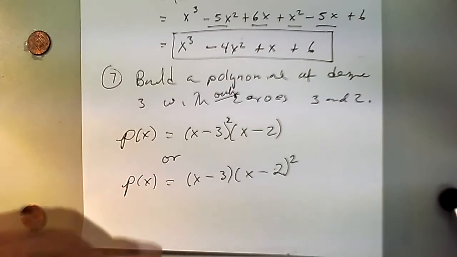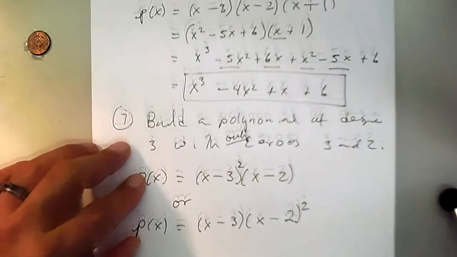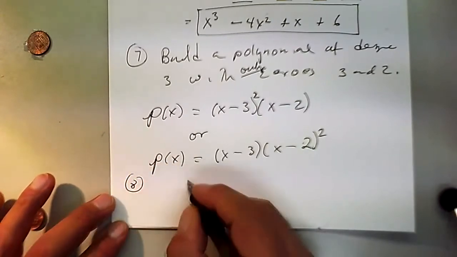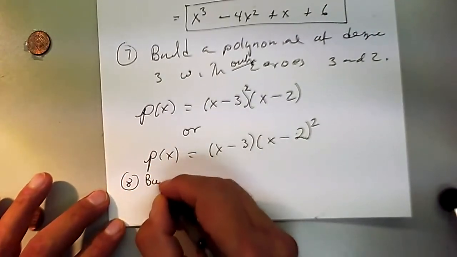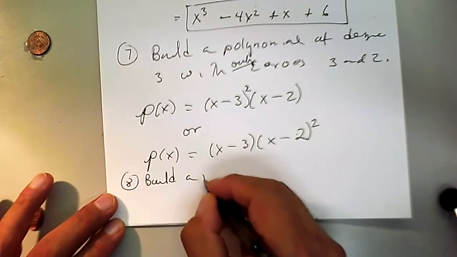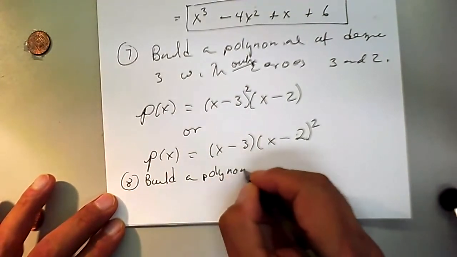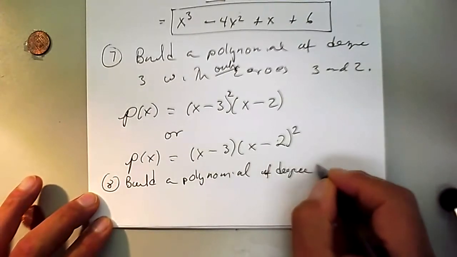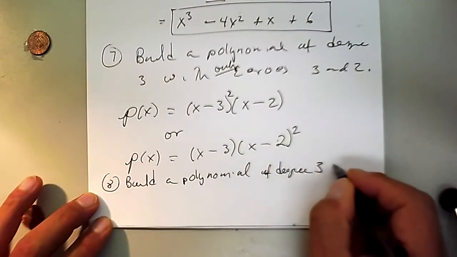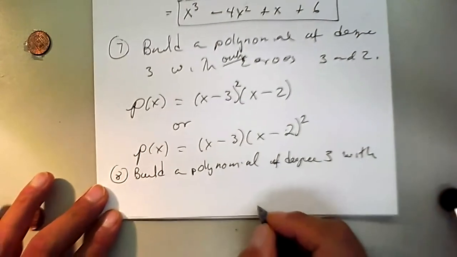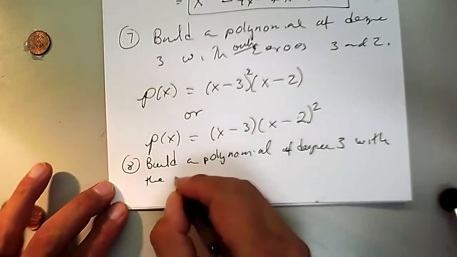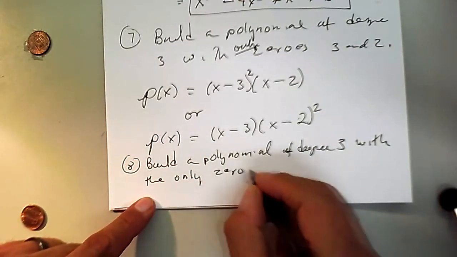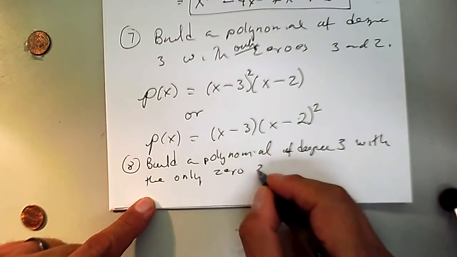What if we ask, okay, so 8, let's see if I can squeeze it here, build a polynomial of degree 3 with the only zero 2.